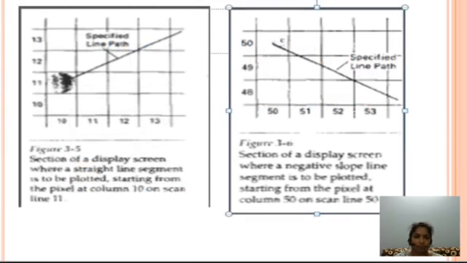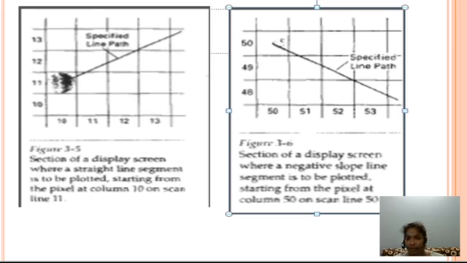See this example. Here you can see in the first figure, we have plotted the first point 10, 11. 10 is the pixel position and 11 is the scan line. So 10, 11 we have plotted. Now we have to find out the next values. You can see the line is going up, x is incrementing and y also is incrementing.